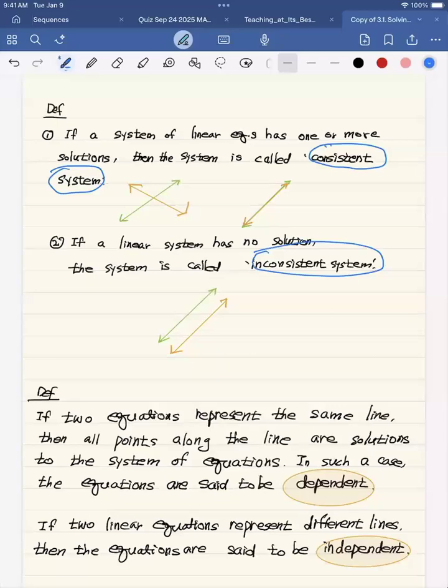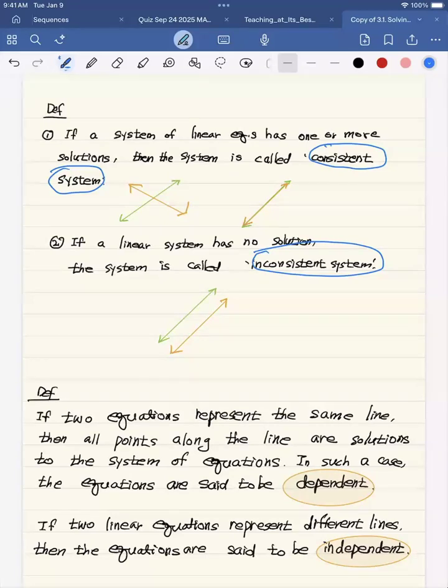When we represent the system of equations in slope-intercept form or point-slope form, the slopes of the two equations must be the same, but they don't pass through a common point.